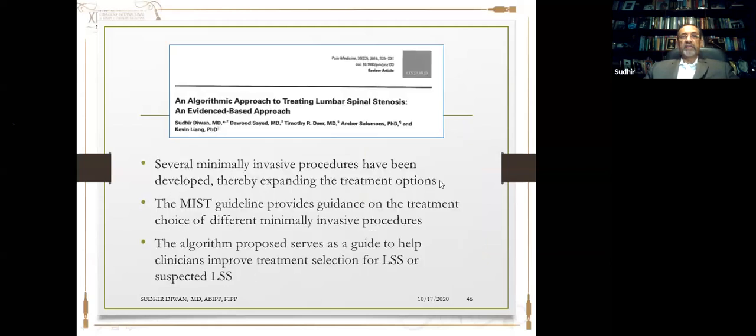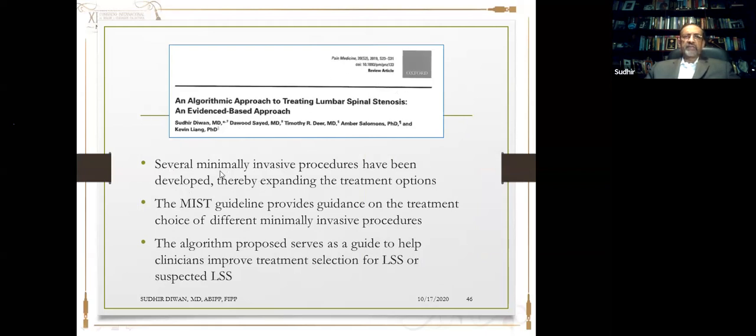So it does help, and you should offer it to your patients to treat the back pain. This is the algorithm that we came up with after we included the minimally invasive options in our algorithm. I was the lead author, and we published it last year.